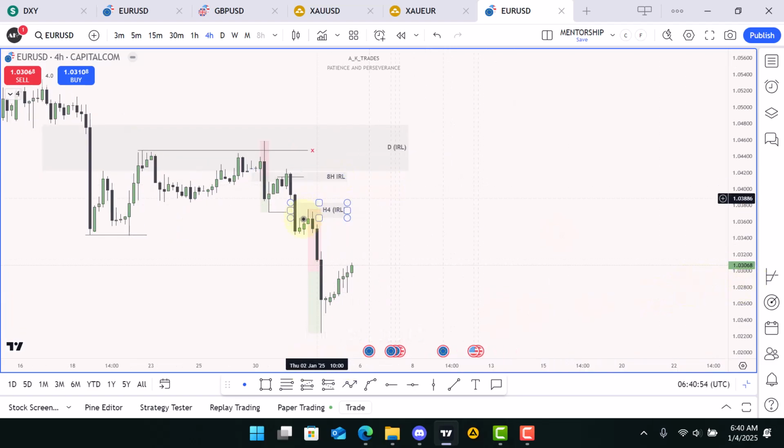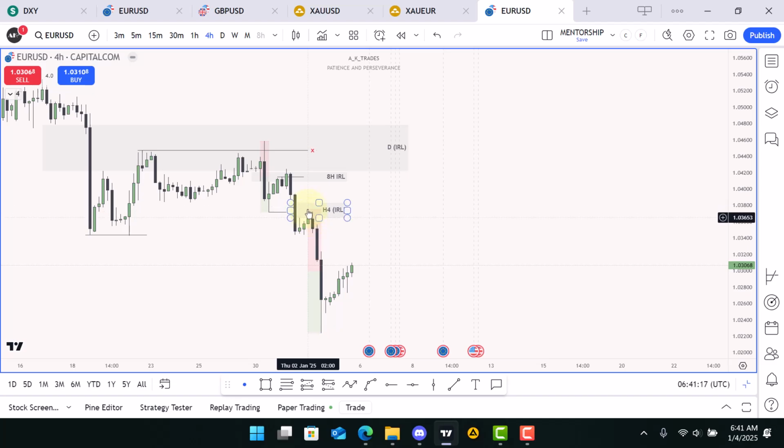Now look at this point. When price retraced after expansion, retraced into a 4-hour internal range liquidity, look at what happened. Candle 1 tapped into the 4-hour internal range liquidity, and then candle 2 failed to raid the previous candle's high. Why is that?